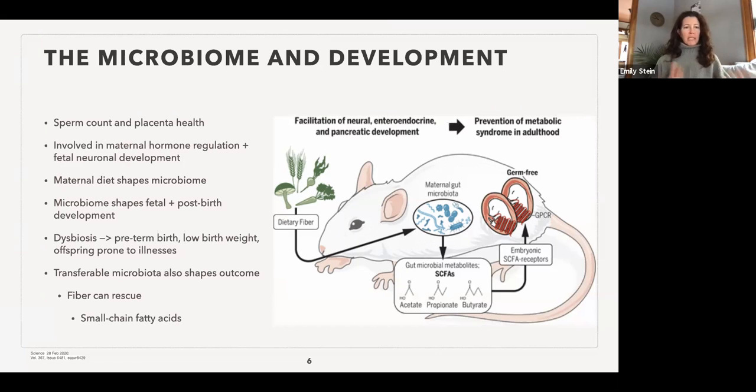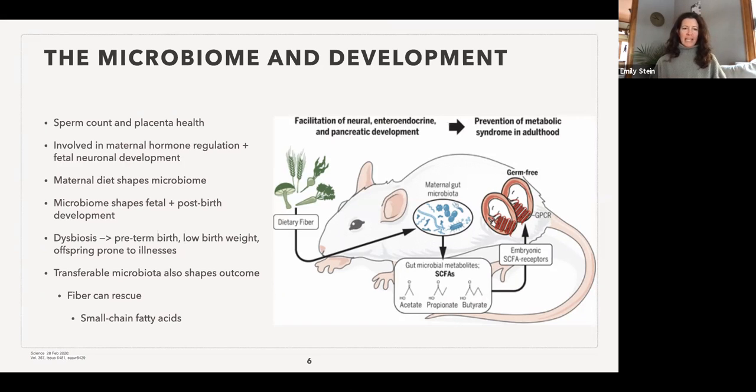So in an animal with dysbiosis, that mom can actually have a risk of preterm birth. Her offspring can have lower birth weight, and her offspring can also be more prone to illness compared to the same kind of an animal that had a healthy, stable microbiome.